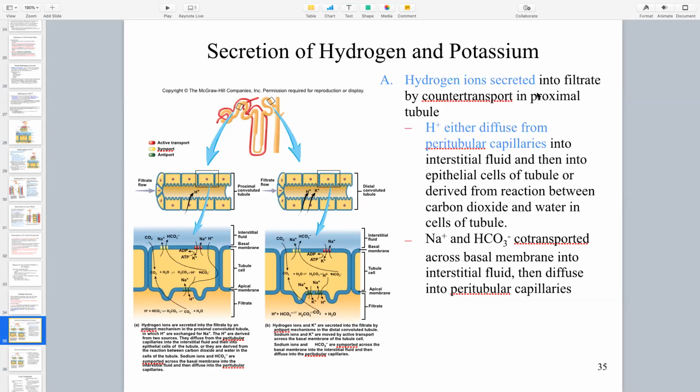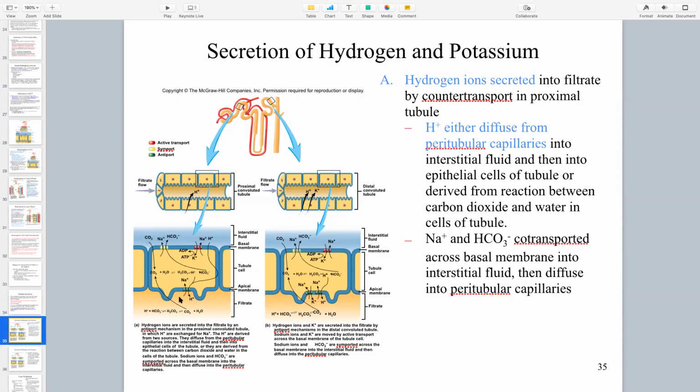Hydrogen ions are secreted into the filtrate by counter-transport in the proximal convoluted tubule. So wherever sodium goes, hydrogen goes in the opposite direction. Kind of sucks. If I pump sodium in or out over here, hydrogen always goes in opposition.